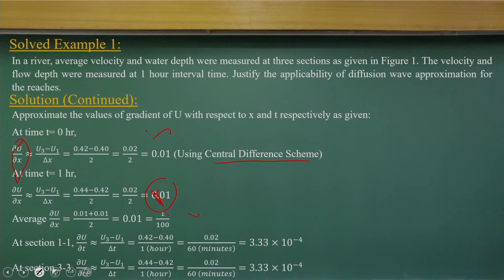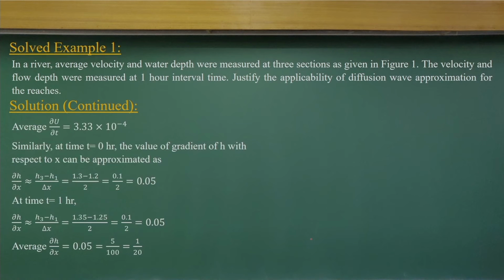Same way we can find out the temporal gradient of the velocity values. We can put it in terms of minutes, 60 minutes, and you can get these values. Now if I look at del u by del t and delta h by delta x values, that's what I can compute for t equal to 0.